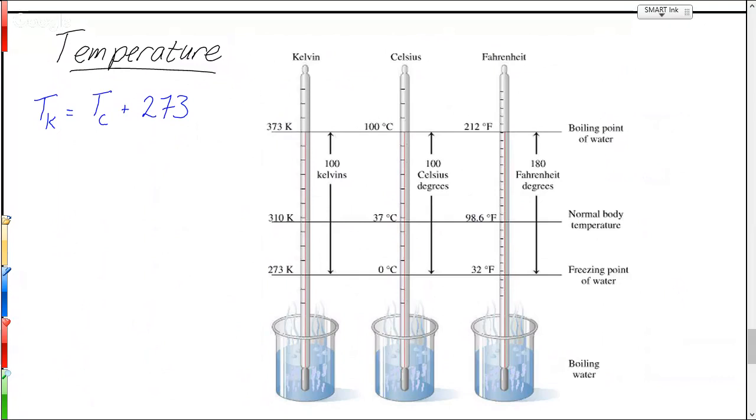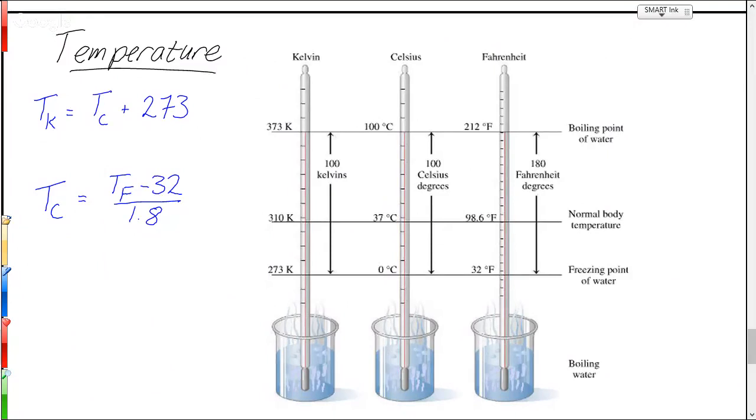The other ones is where it gets a little bit tricky. So let's take a look at these two equations. If you want to go from Fahrenheit to Celsius, so you want to solve for the Celsius temperature, you take the Fahrenheit temperature, you subtract 32, and then you divide by 1.8.